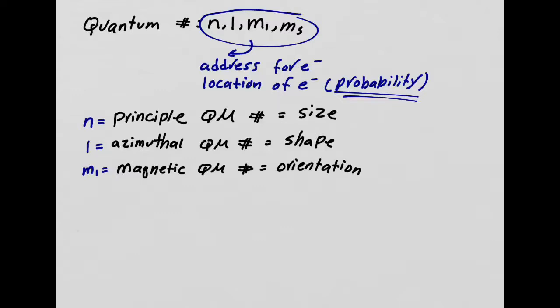The last one is m sub s, the spin quantum number, and that tells us the spin. So this is an overview. I'm going to come back to this as we go over each one in detail. But I need you to remember, it tells us where the electrons are most likely located.